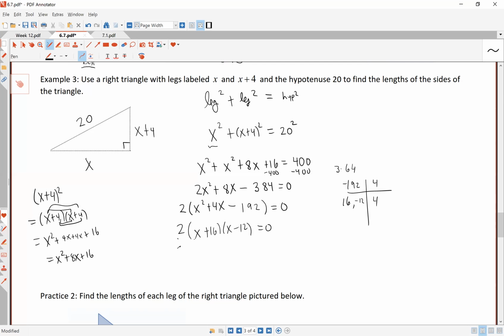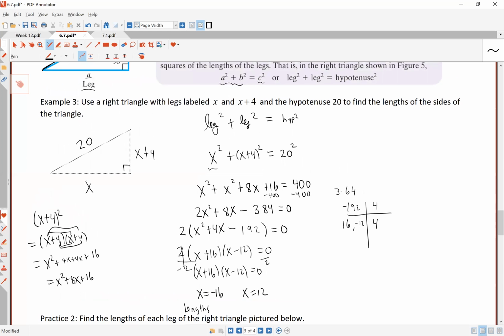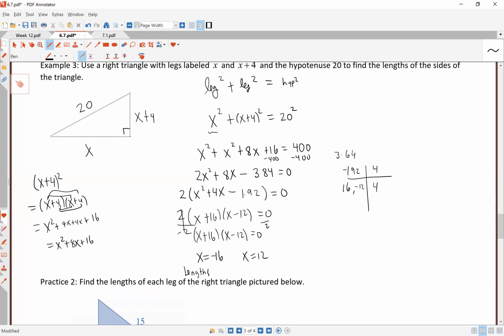Okay, so remember the 2 there, you can divide it out. It doesn't need to be there. And then you have x plus 16 times x minus 12 equals 0. Setting those equal to 0, we get negative 16 and 12. But remember, lengths in geometry can't be negative.